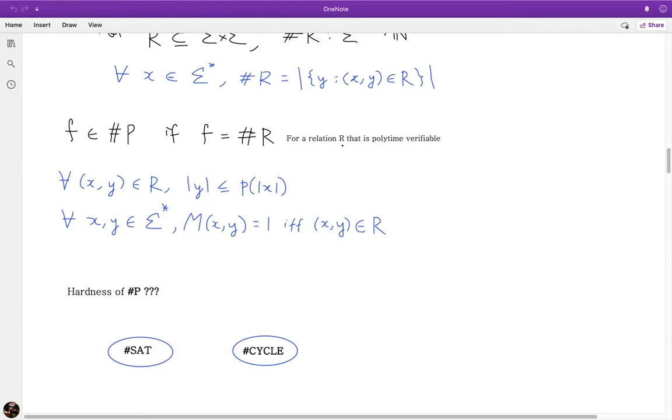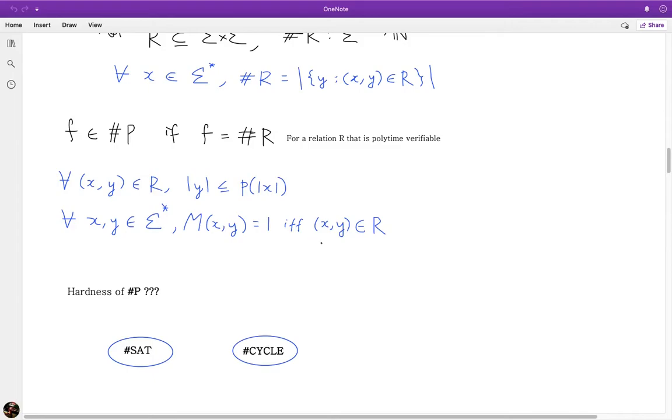And the other pointer here is, for all x, y belonging to sigma star, meaning any input string or any output string, M of xy should be 1 if and only if x comma y belongs to R. So basically we are just defining R as a function problem.